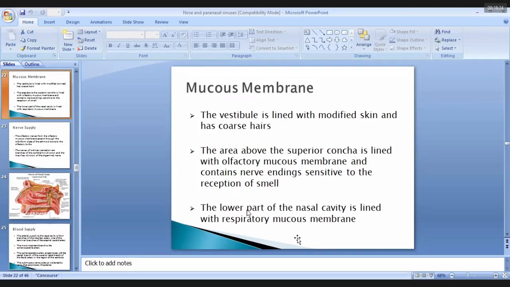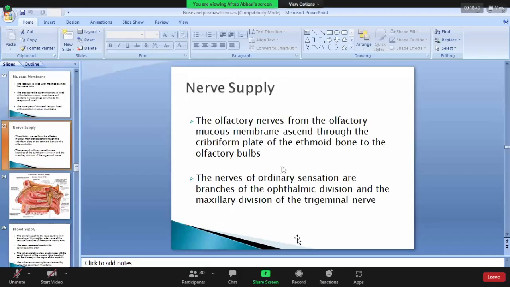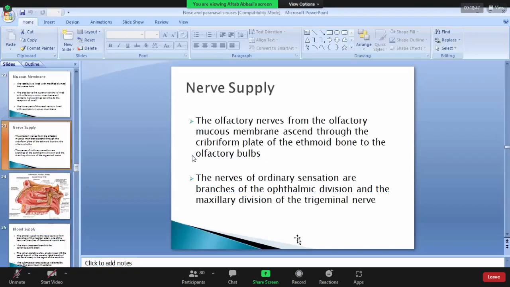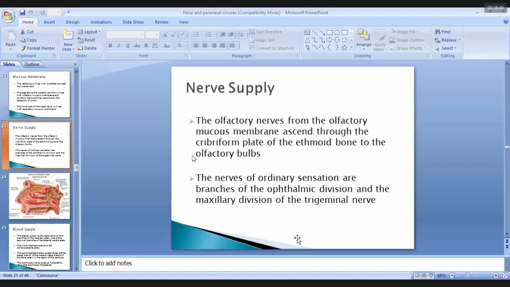So the nasal cavity is lined by two types of mucous membrane: in its upper part the olfactory type, which contains the olfactory cells and gives origin to the olfactory nerve for the reception of smell, and in the lower part the respiratory type. Only the area of the vestibule is covered by specialized skin, which contains multiple hair follicles.